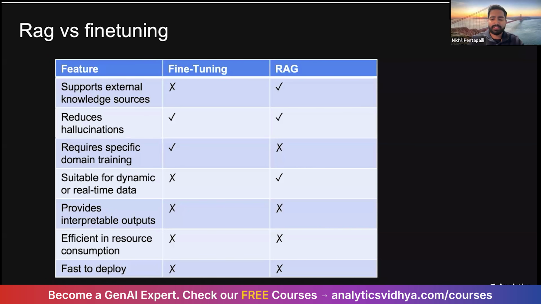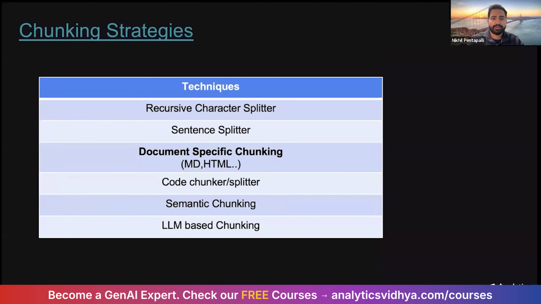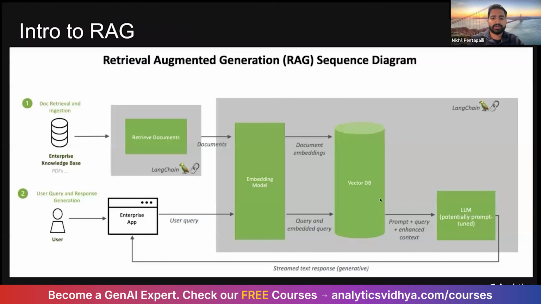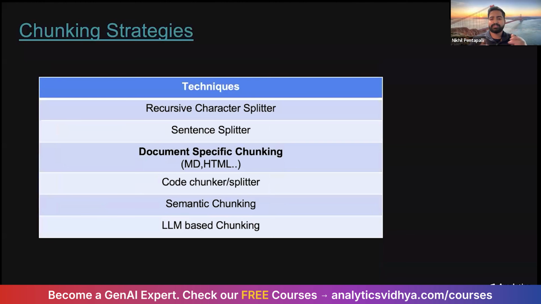Going back, if we have retrieved some documents and pass them to embedding models, we don't pass the whole documents into the embedding model. Let's say there's a 100-page PDF. We don't pass it directly, because we can't store everything in one vector, since vectors have dimensions and limitations.